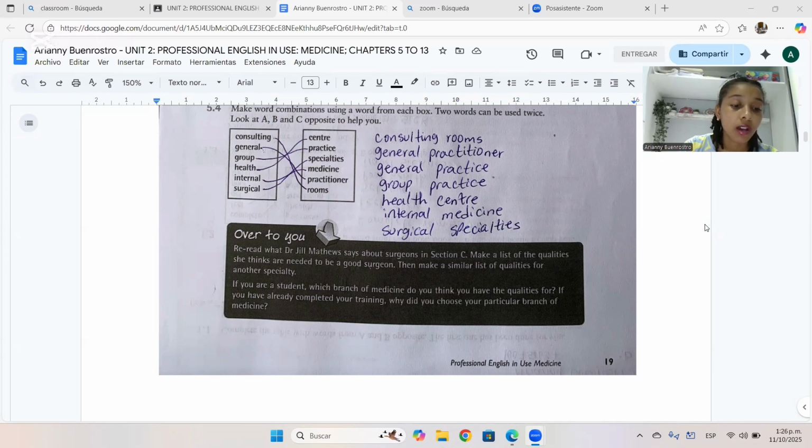Then make a similar list of qualities for another specialty. If you are a student, which branch of medicine do you think you have the qualities for? If you have already completed your training, why did you choose your particular branch of medicine?